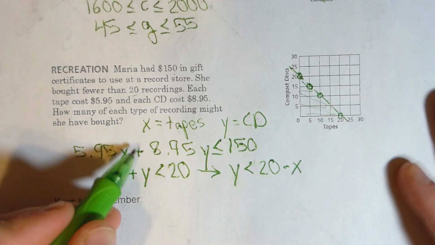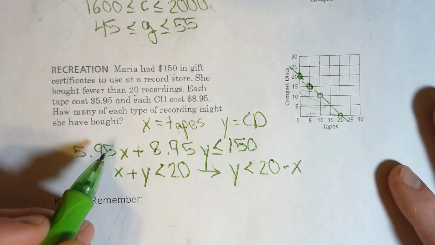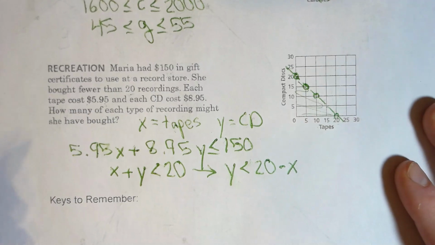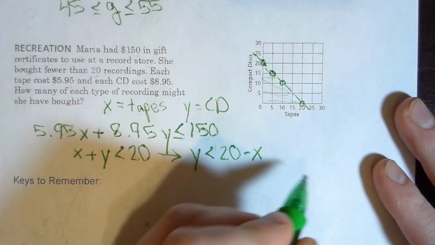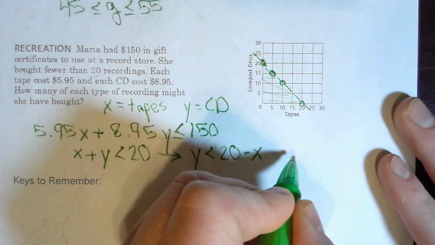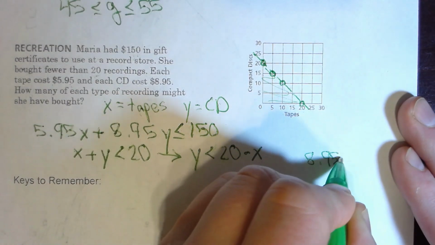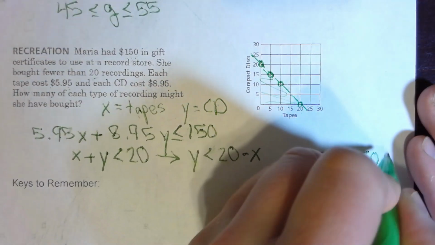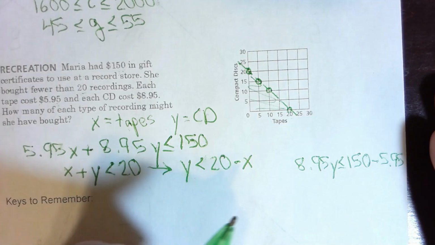And these are a lot tougher to graph, but we can do it. So how do we want to do this? Well, let's go for it. Let's write this in slope-intercept form. So 8.95y needs to be less than or equal to 150 minus 5.95x.